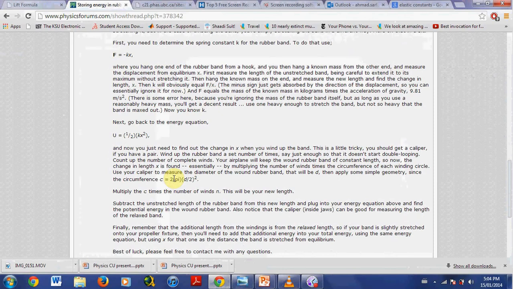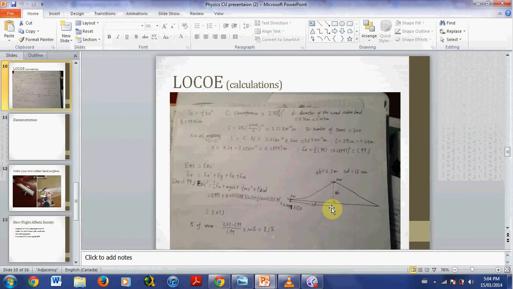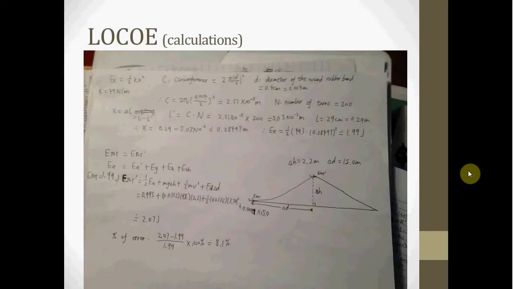So we measured the circumference of one of our loops, and then we multiplied that circumference by 200 twists, and we subtracted the resulting number from the original length of our elastic, and we plugged that number into the formula to find elastic potential energy, half kx squared. So now we will go through the calculations of what we got.